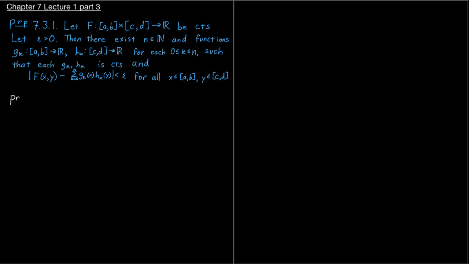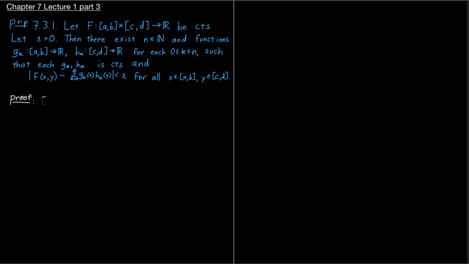Now, we are not going to use the proof in the book. This is because the proof in the book uses section 5.7, and we didn't cover section 5.7. It uses some heavy machinery, the Stone-Weierstrass theorem, but fortunately, this isn't terribly hard to prove.